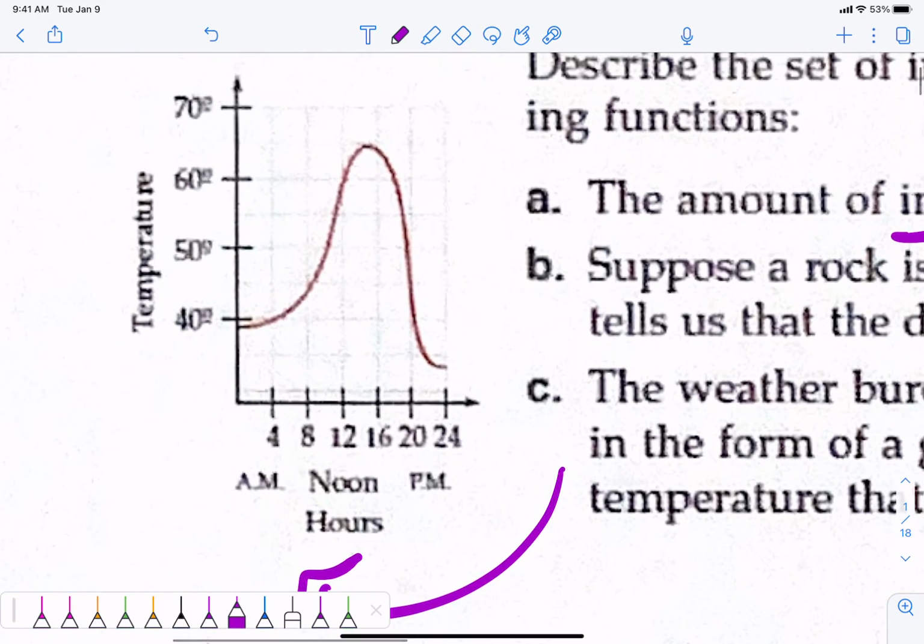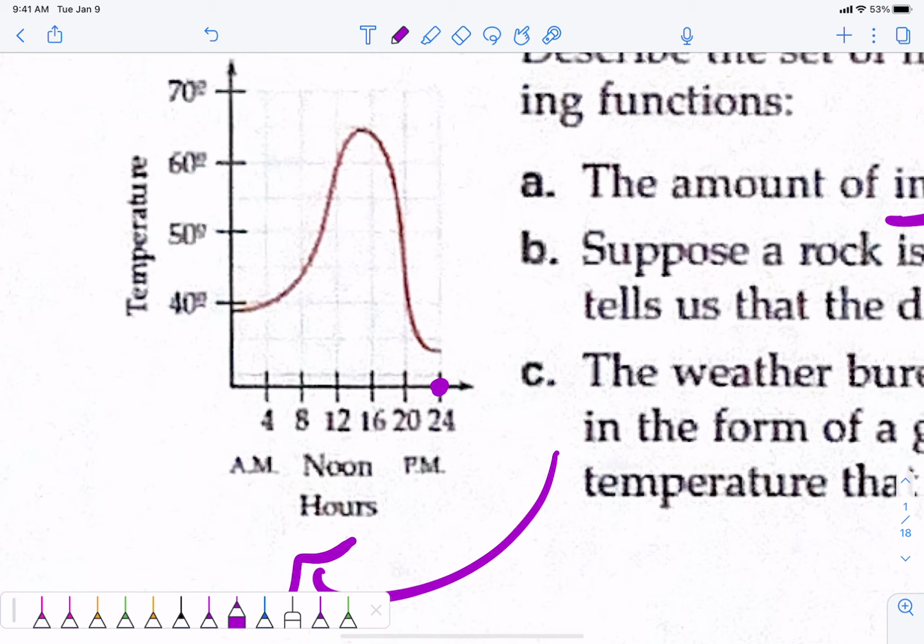So this is showing us that the lowest temperature is at 24, which would be at where? Midnight, right? This is at midnight. Hour number 24. The lowest temperature is there, which is probably maybe at 24 degrees, right? This would be at 30 degrees, so it'd be like maybe 34 degrees, something like that, okay?